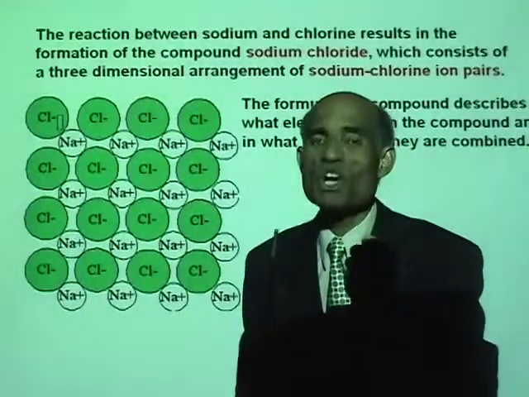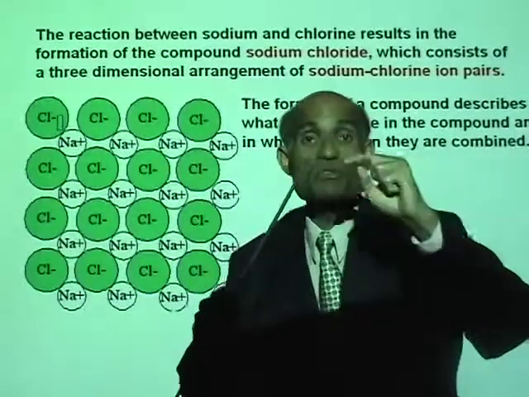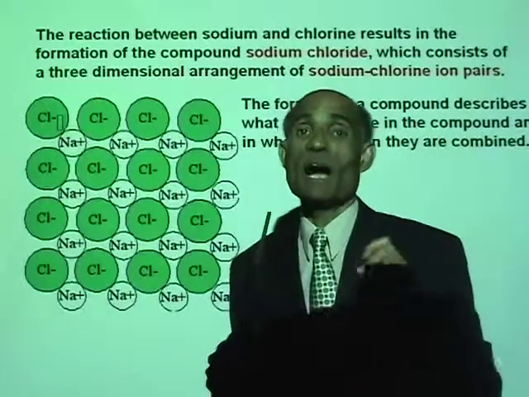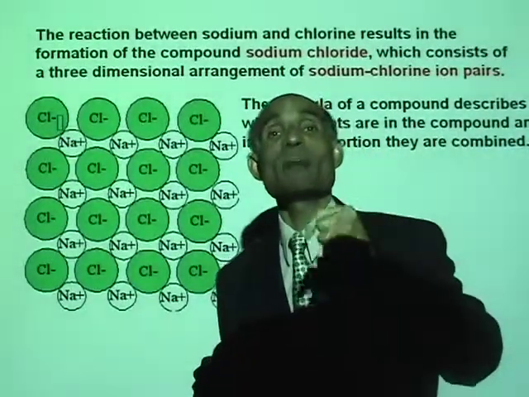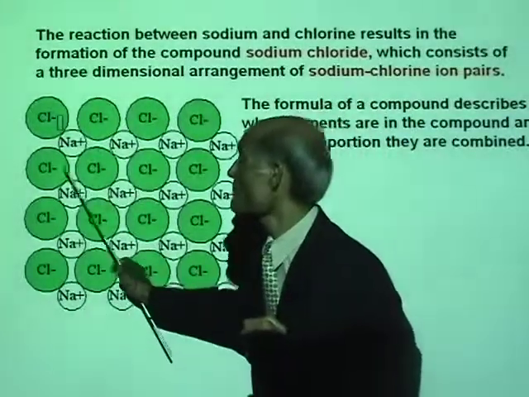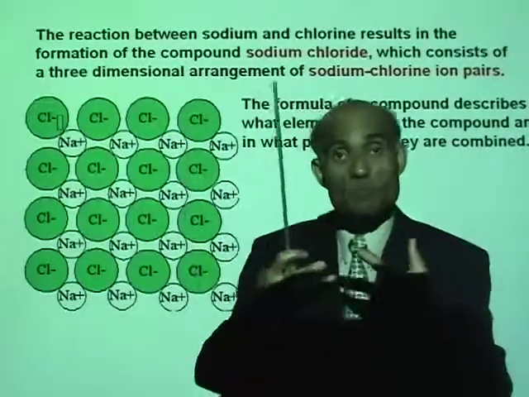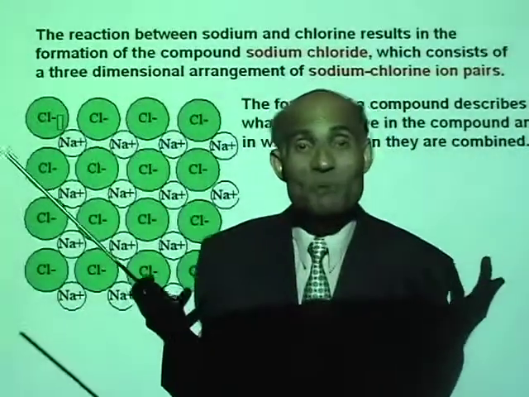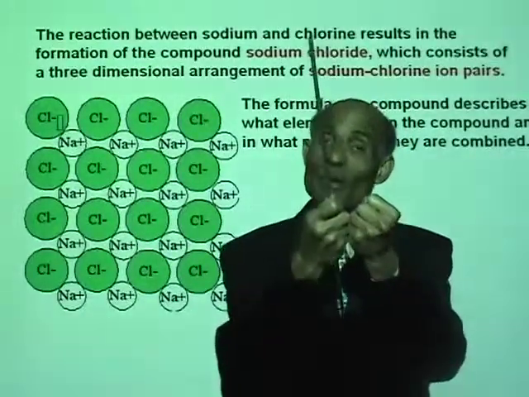The formula describes what elements combine to make that compound and in what proportion. If you look here, the elements that combine are sodium and chlorine. And what is the proportion? It's a simple proportion. For each sodium, there is one chlorine.